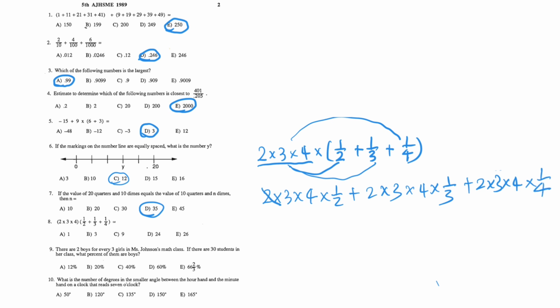So cancel 2, that's 12, plus cancel 3, that's 8, plus cancel 4, that's 6. Add them together, 26. The answer is E.